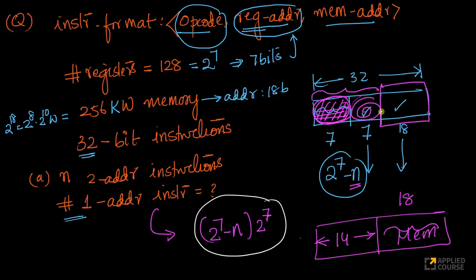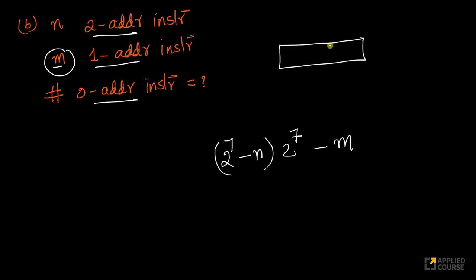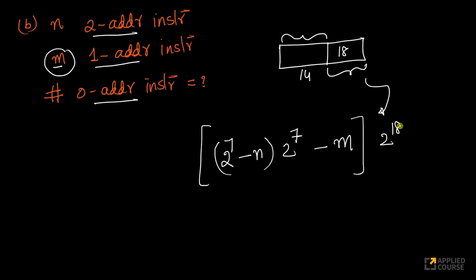Let's understand this. So we have 18, 7, 7, and let's call this 14 just for simplicity. In these 14 possibilities, these are the number of possibilities that I have for 0 address instructions. In these 18 positions, I can have anything. So 2 power 18, right?